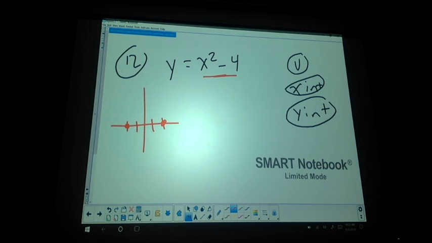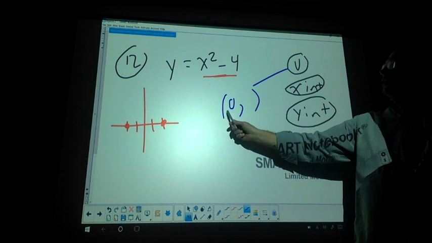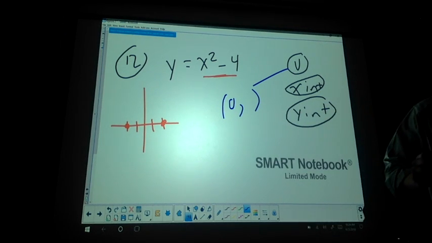Does the vertex happen right in between where it crosses? Does the vertex not even exist on this problem? What do you think? In the middle. It's in the middle. So what's right in the exact center of negative 2 and positive 2? 0. So my vertex is at 0, comma. That's an x value, right? 0, comma, negative 4.